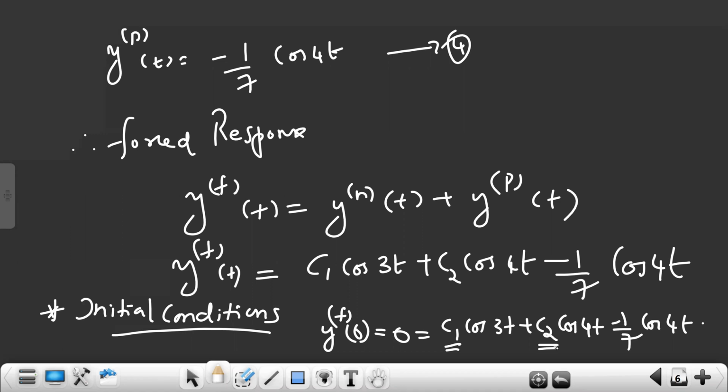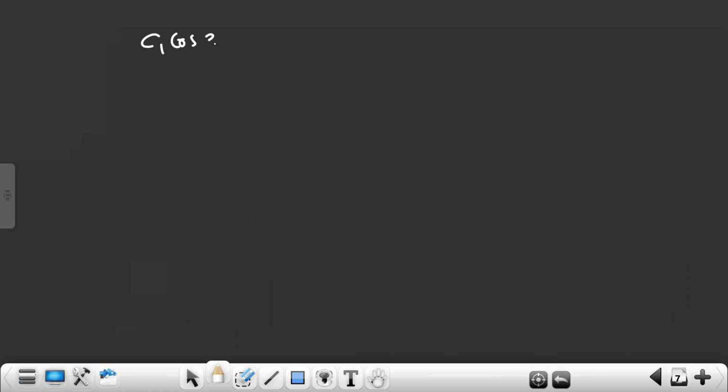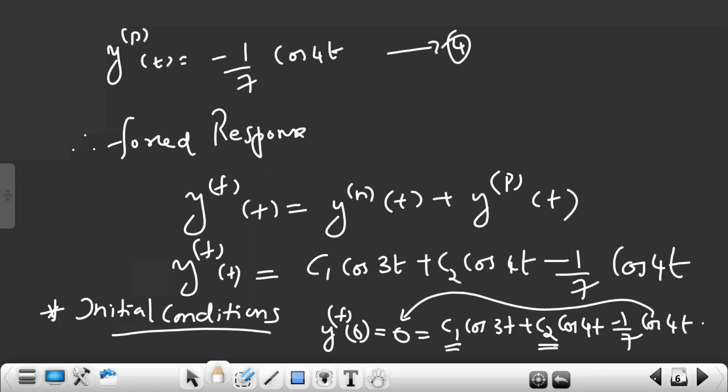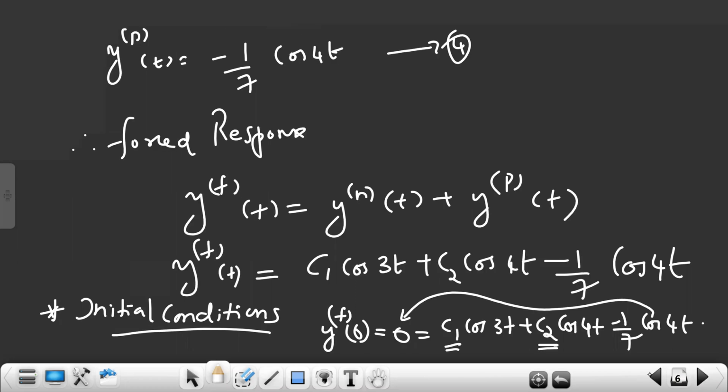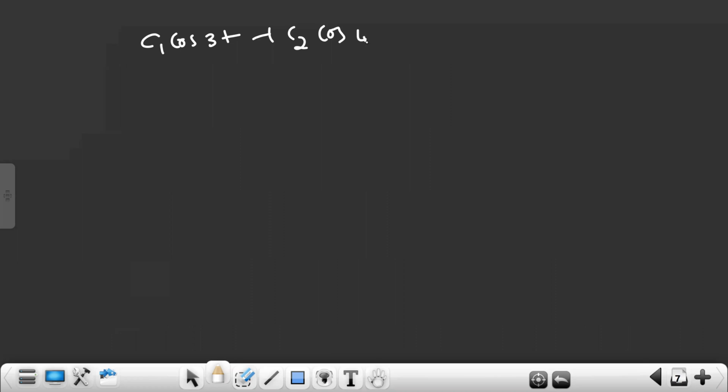So what I will do is take this towards RHS so that the equation will become C1 cos 3t plus C2 cos 4t equal to 1 by 7 cos 4t. Now you tell me what is the value of C1 and C2.